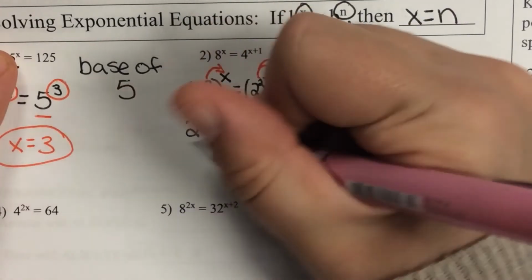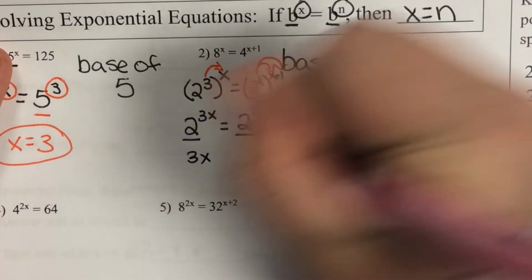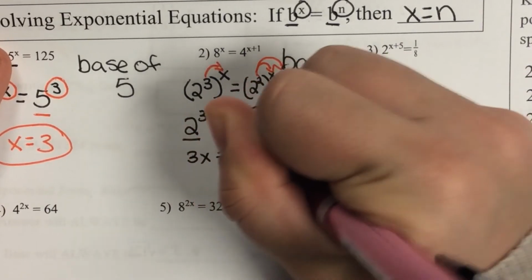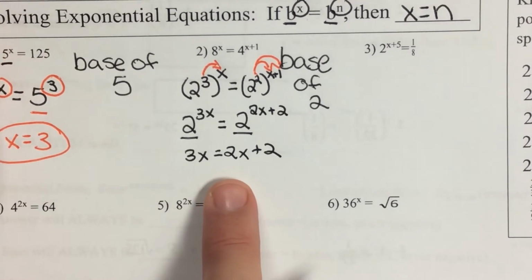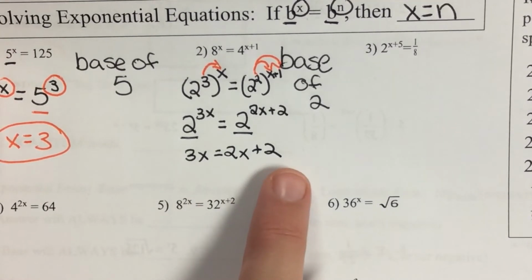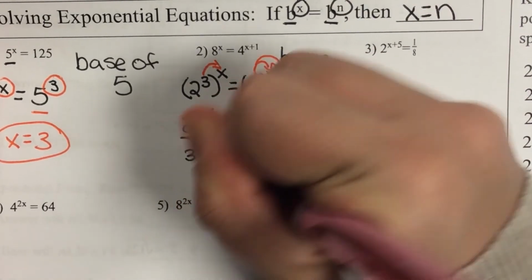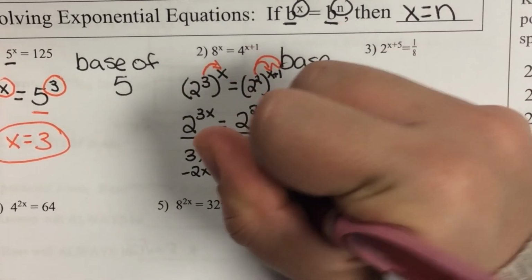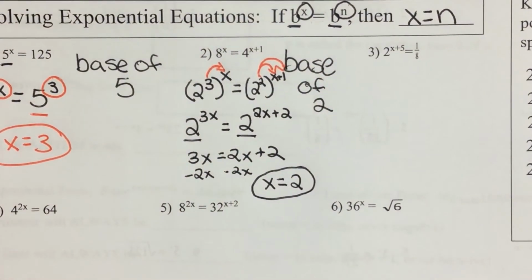So now we're happy because we have the same bases, 2 and 2, so we can set the exponents equal. 3x equals 2x plus 2. So we want to get our variables on one side and our constant on the other. Since our constant's already alone, let's get this 2x to the other side. We can do that by subtracting 2x from both sides. So x equals 2. And look at that. We're done. We solved for x.